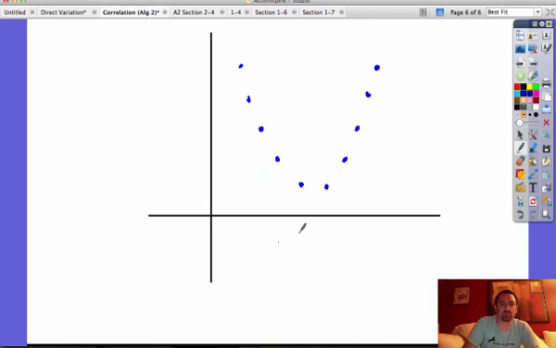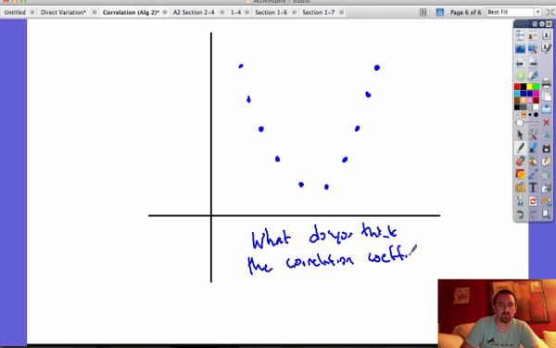This is a scatter plot, and I want you to tell me what you think the correlation coefficient is? Alternately, you can just tell me, is this strong, is it weak, and is it positive or negative? Okay, that's what I want to know about this scatter plot.